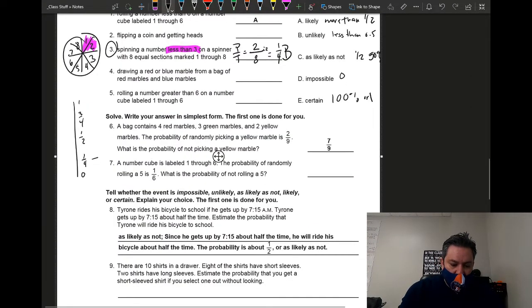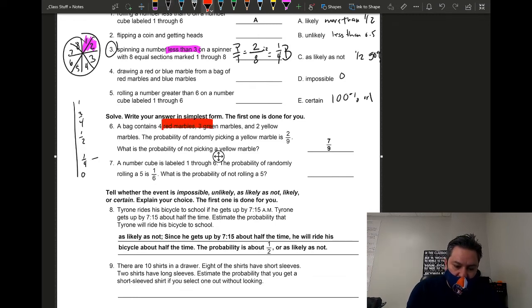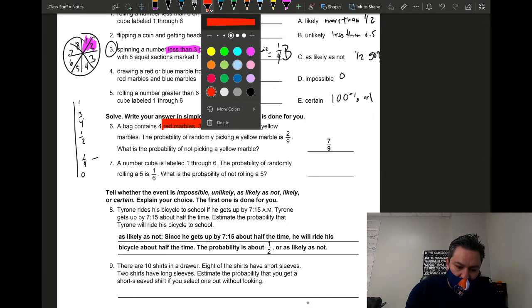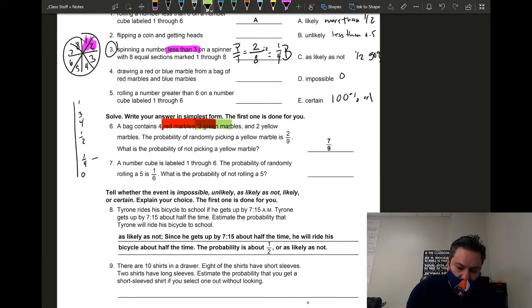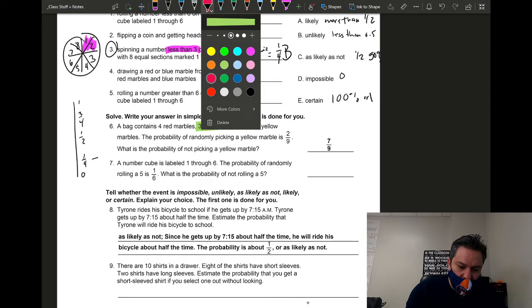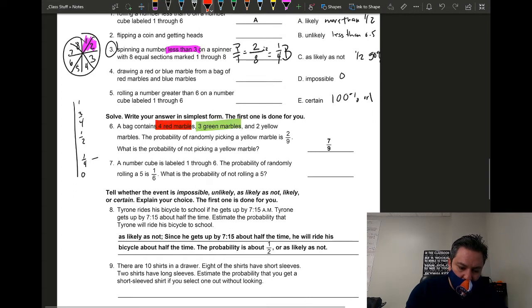Let's do they did number 6 for you. So it says, number 6, a bag contains 4 red marbles. So I have 4 red, 3 green. Let's do them by color. 3 green, 4 red, and 2 yellow.